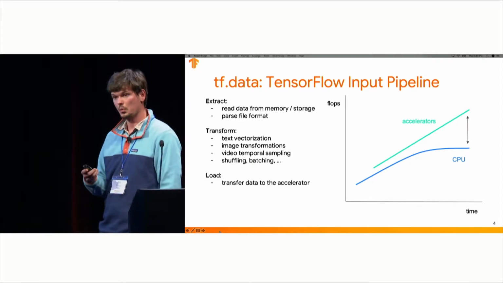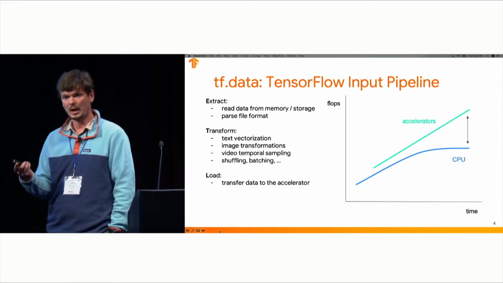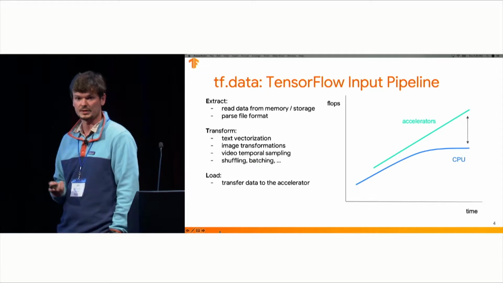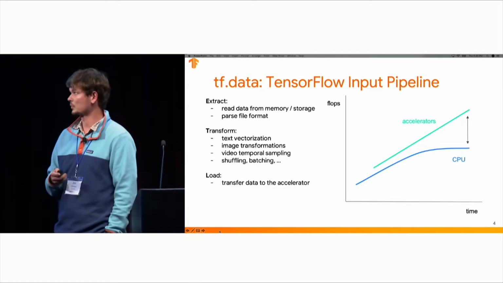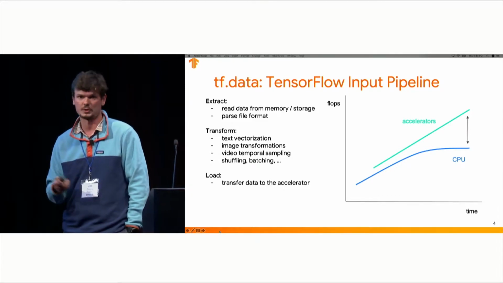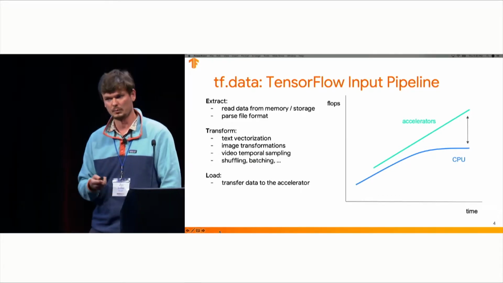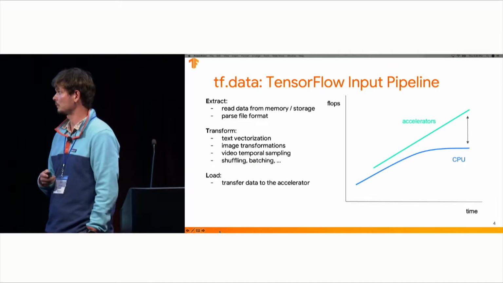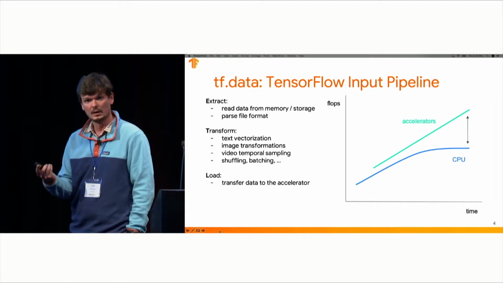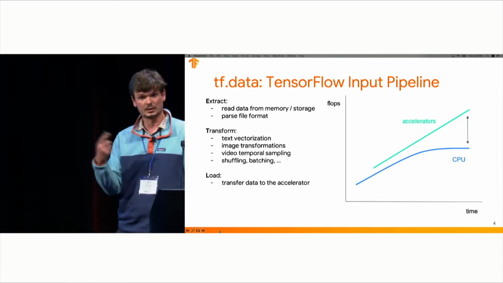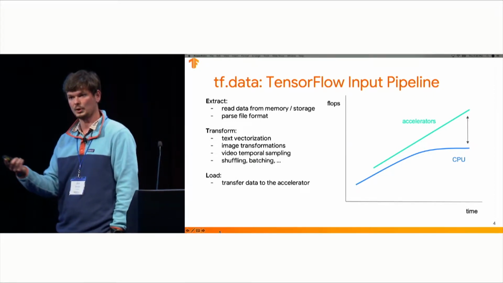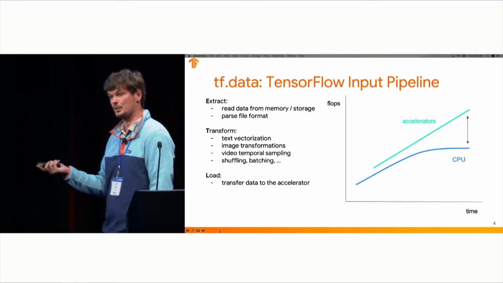It then also provides you with building blocks for applying both domain-specific transformations, such as text vectorization, image transformations, or video temporal sampling, as well as domain-agnostic transformations, for example, shuffling or batching, which are both best practices for machine learning. And last but not least, TF.data also provides functionality for efficiently transferring the data onto the accelerator in case you're doing your machine learning computation on hardware such as a GPU or a TPU.